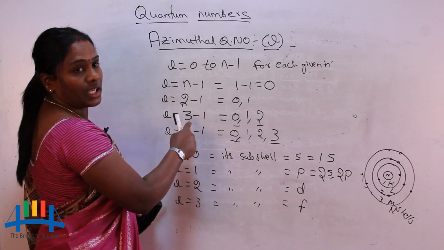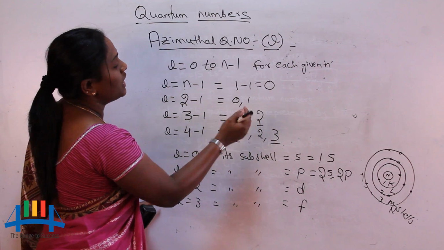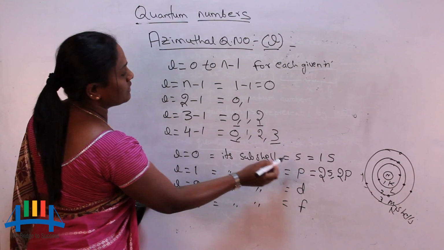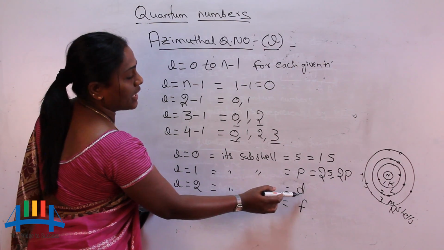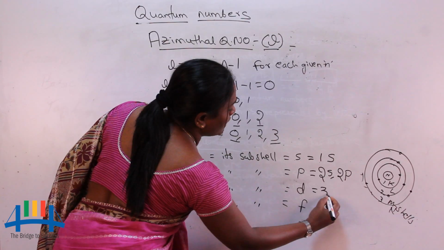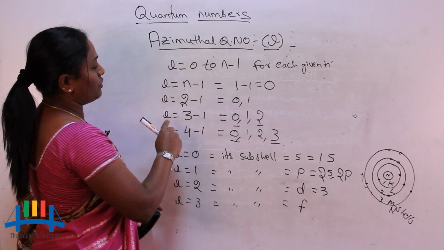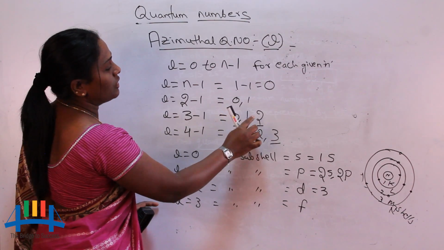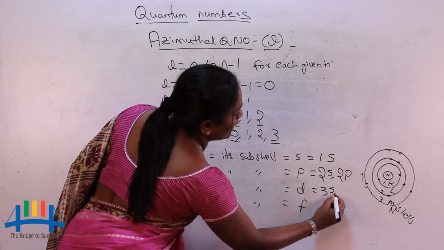If n is 3, three values are possible for l: 0, 1, 2. 0 indicates s, 1 indicates p and 2 indicates d. If l value is 0, I should write 3s.